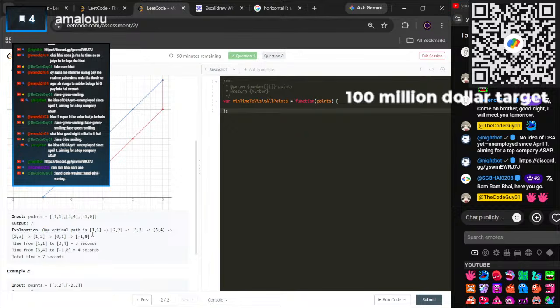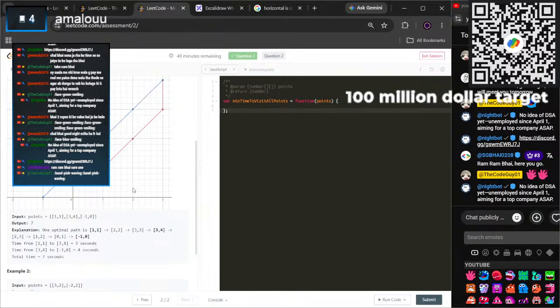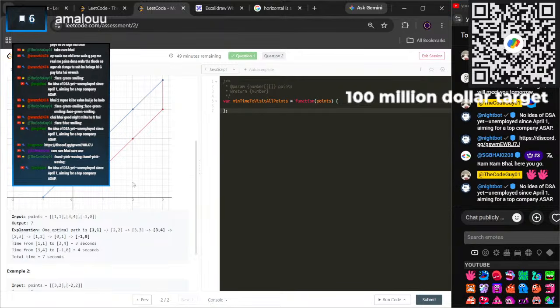Optimal path is 1 comma 1, 2 comma 2, 3 comma... So this is diagonal, I guess. 1 comma 2. 2 comma 2 is not even 3 comma 3. Okay, it's not even on the 3 right now. It's on 4. 3 comma 4, I think.